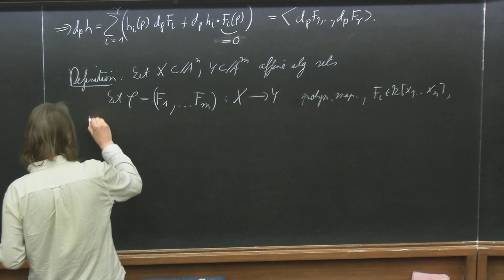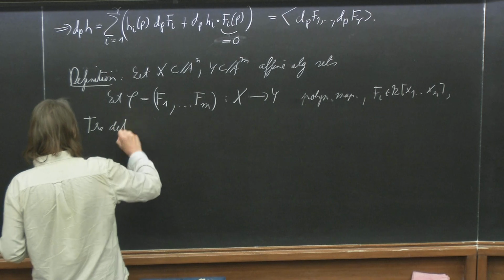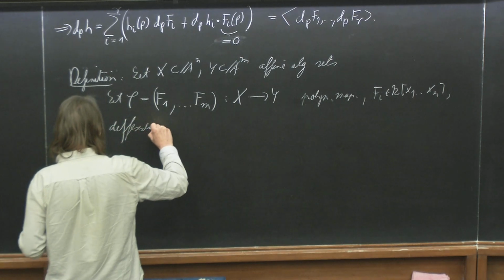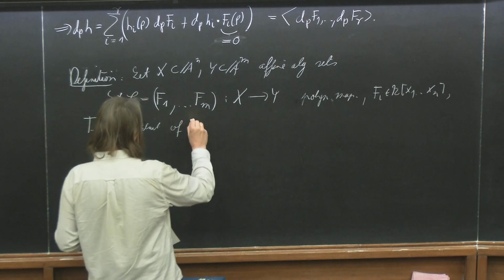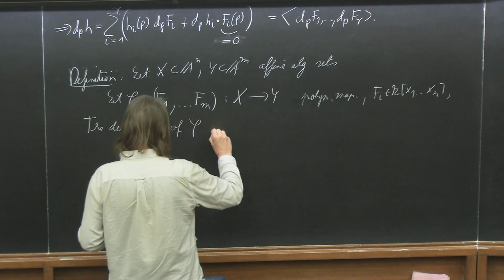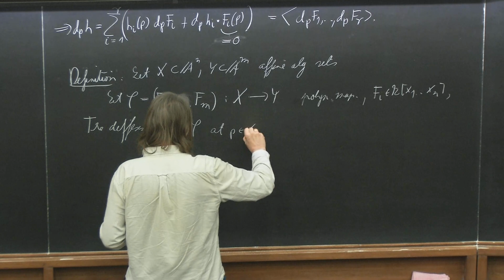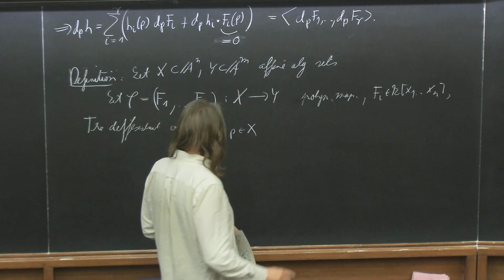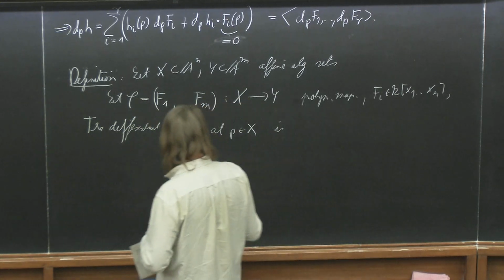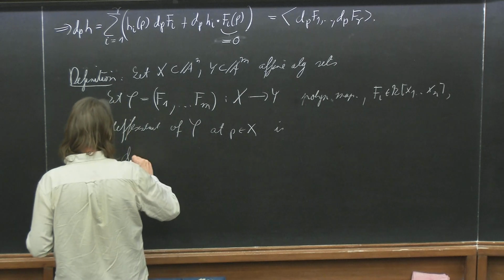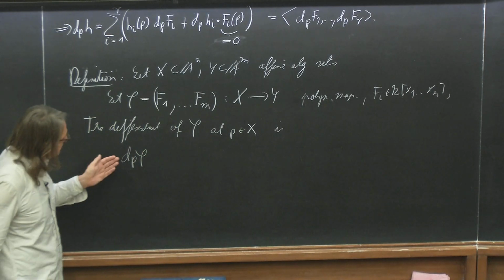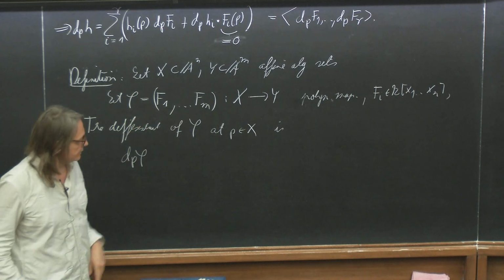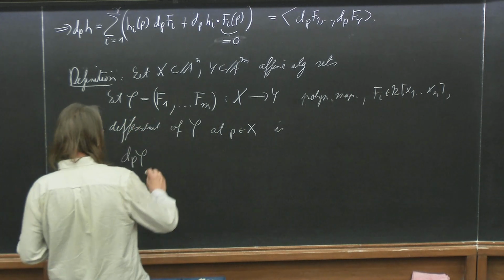Then the differential of phi at the point P in X is d_P phi, which is just the map whose components are the differentials of the f_i.